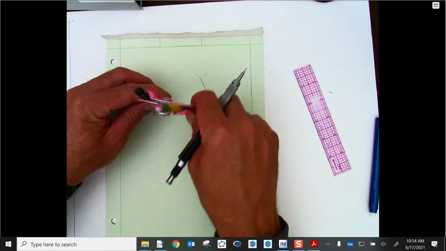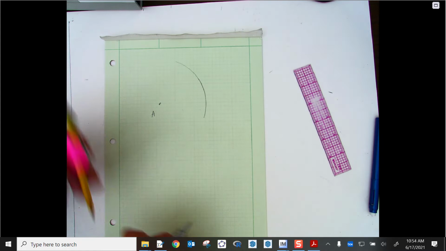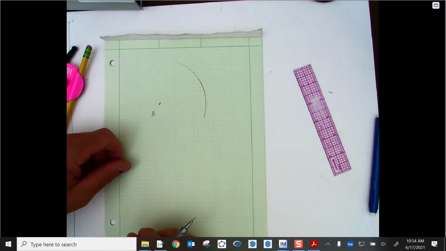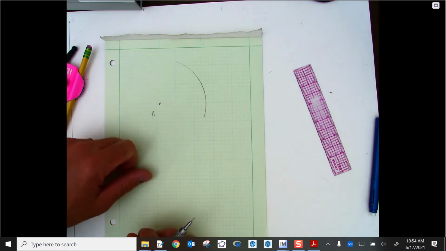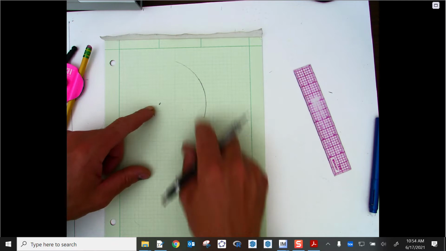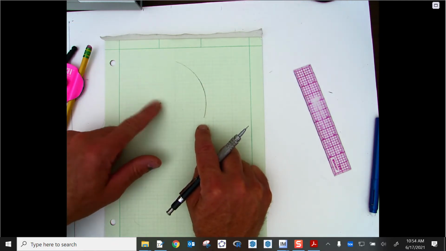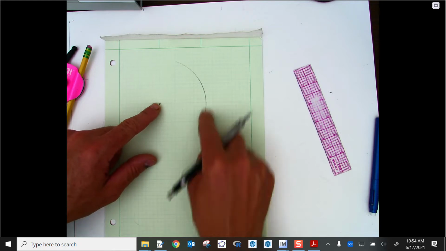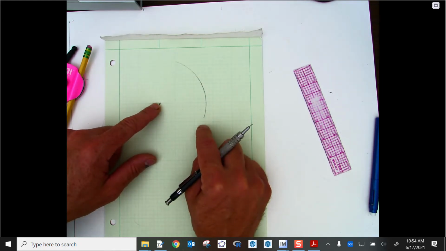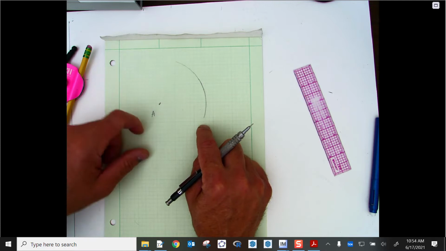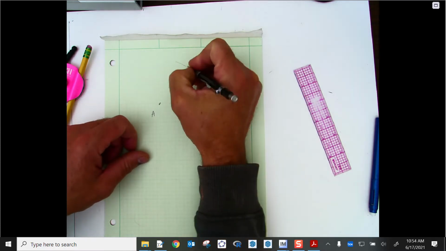Now you could construct first a side, I suppose, but I'm going to construct a circular arc, with a vertex at A and a certain radius. Now if we think about what a circle is, a collection of points that are equidistant from a given point called the center, all of these points along this arc are the same distance from A. That means that we can pick any two points.